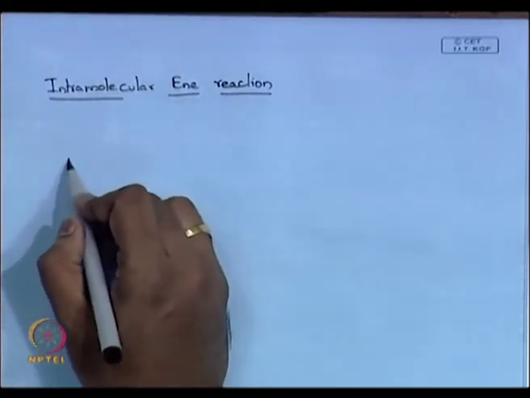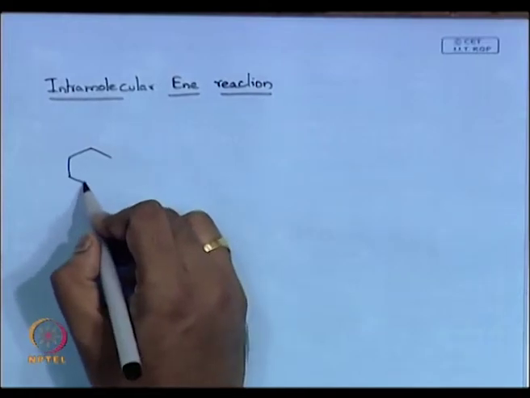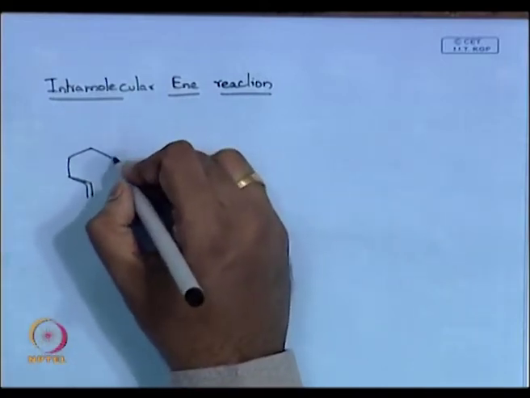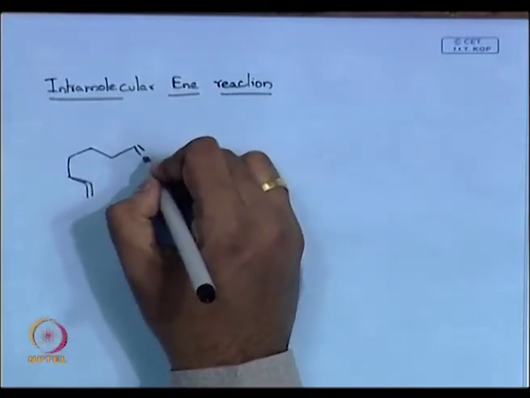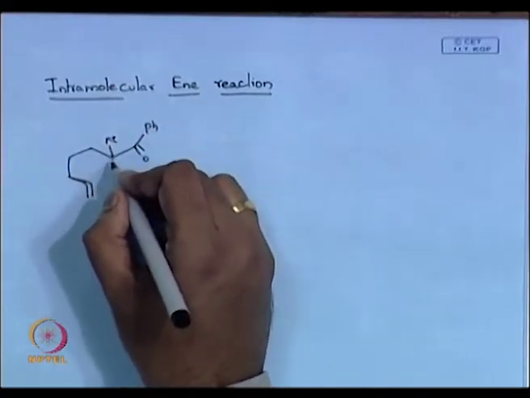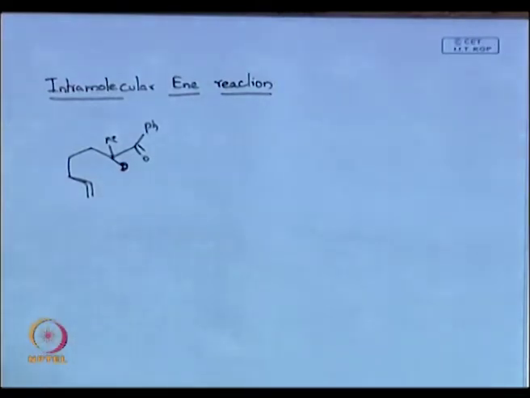This is a very good example to understand the intramolecular ene reaction. This is deuterated.